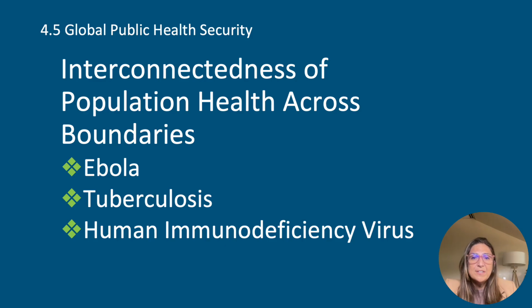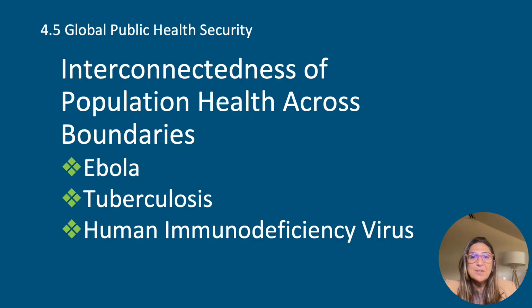When we think about the interconnectedness of health across boundaries, so Ebola, the first outbreak occurred in 1976 in the Democratic Republic of the Congo near the Ebola River. More than 20 outbreaks in 18 countries have occurred. Tuberculosis is found in every country in the world and affects all age groups. It's the second leading cause of infectious disease worldwide.